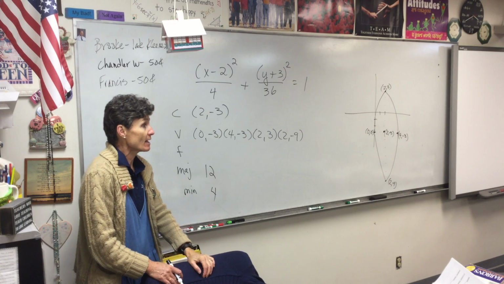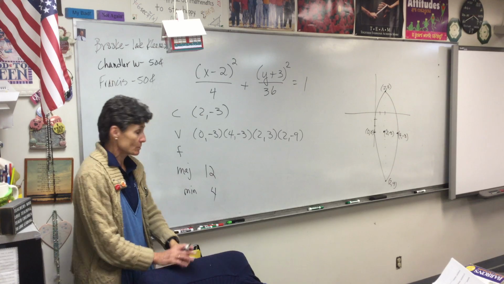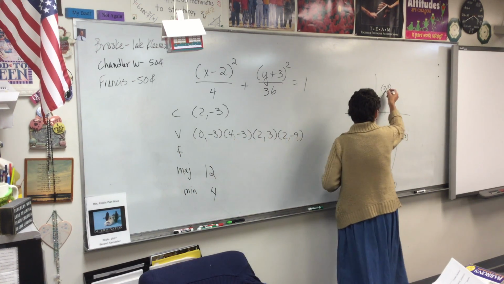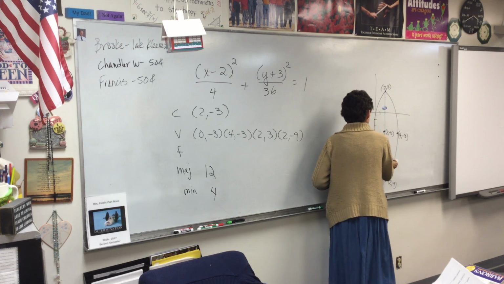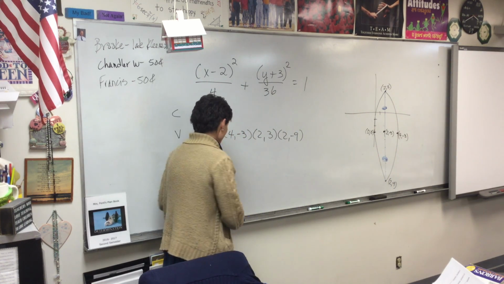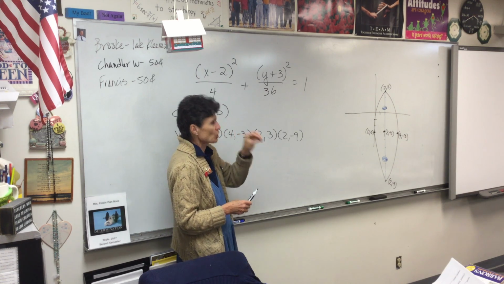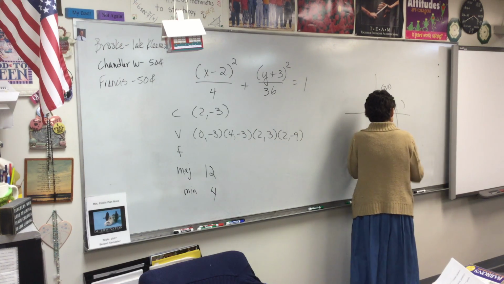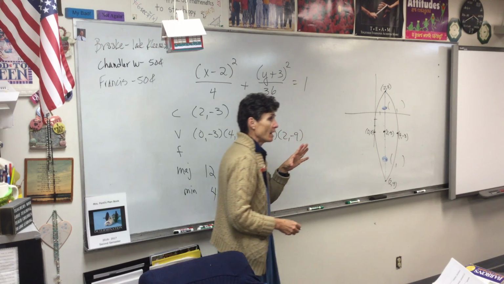Does everybody understand that? All right, now what about the focus points? The foci. It's on the major axis, so we know they're here somewhere. I have no idea where. Doesn't matter where you put them. Don't let that confuse you. Just know they're on that axis. And the reason I like to have you actually put them on there is you can get half credit, even if you don't have a clue about what's going on.